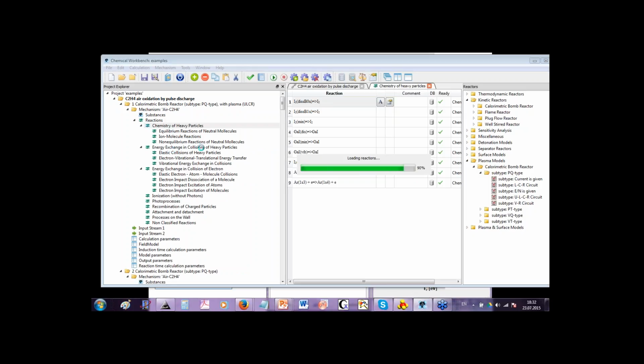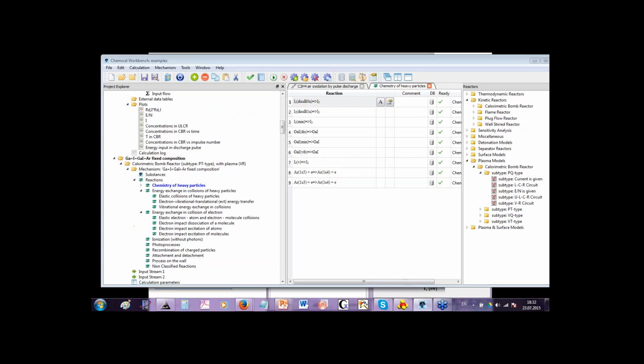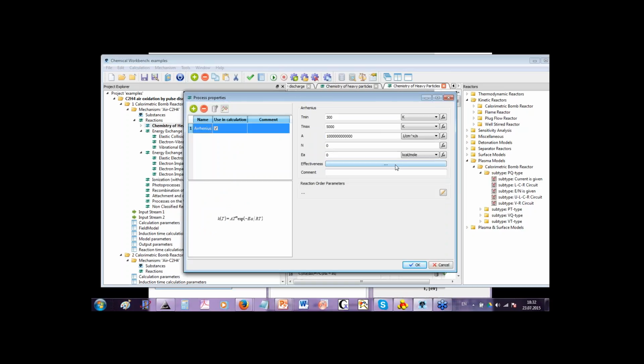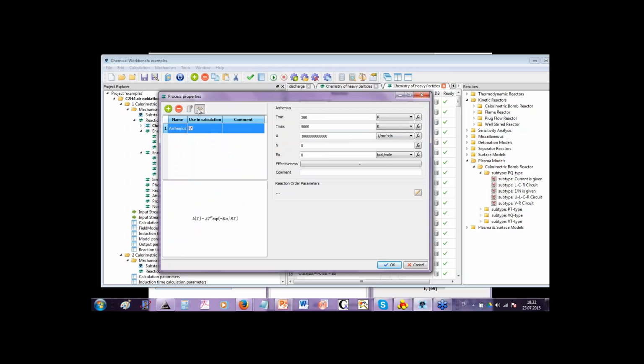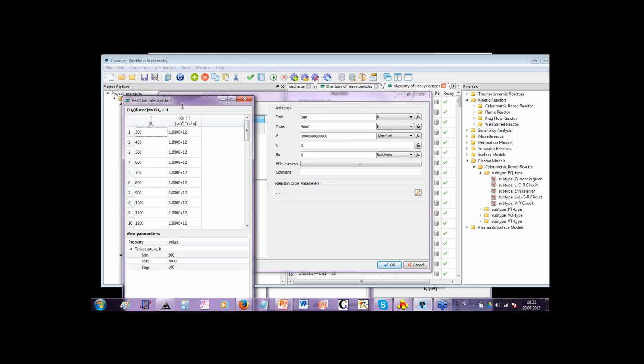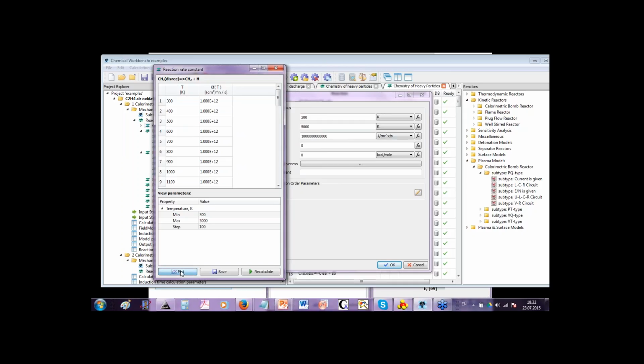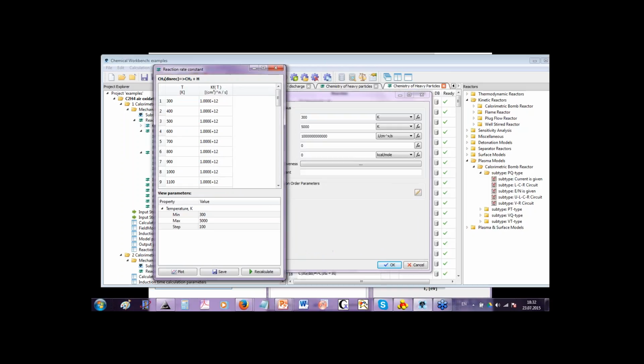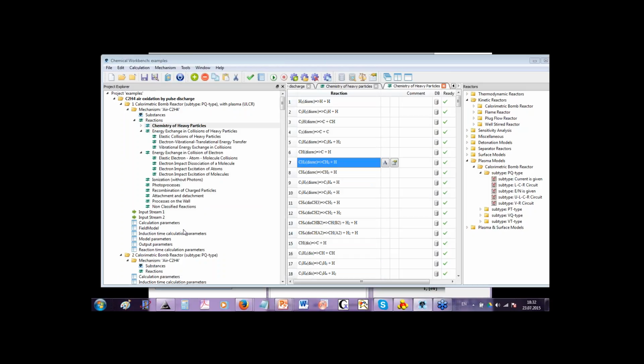It means that, for example, relaxation of the excited nitrogen on oxygen is an important process. For every reaction there are parameters of the reaction. In this particular case, you see parameters in the Arrhenius form. I think it's possible to see this data in the table, and here you see it like a graph.